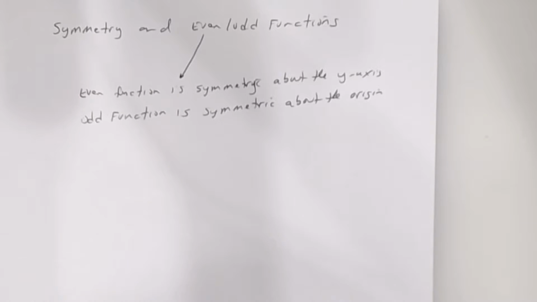So if it's neither even nor odd, you would say neither. A function cannot be symmetric about the x-axis because it's no longer a function. We saw that yesterday. So when we talk about functions, even or odd, it's only symmetrical about either the y-axis or the origin.